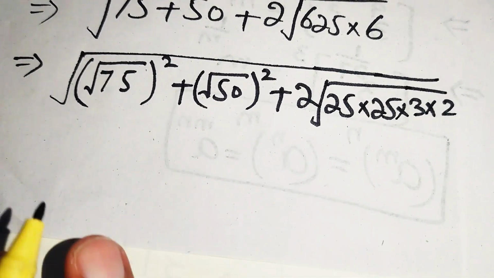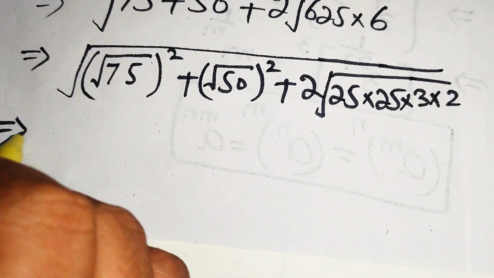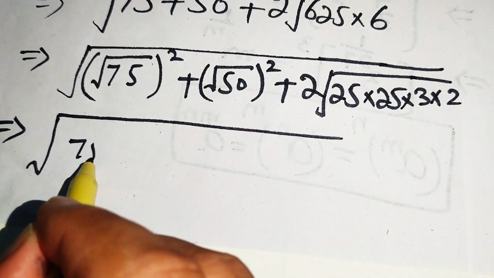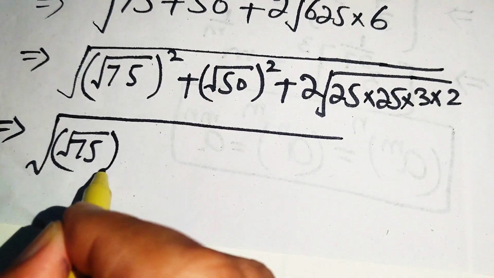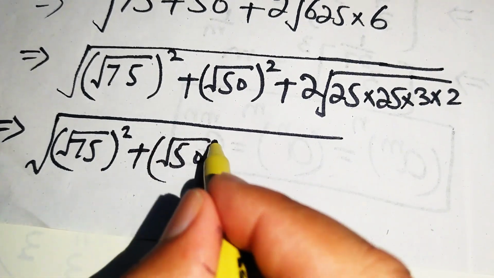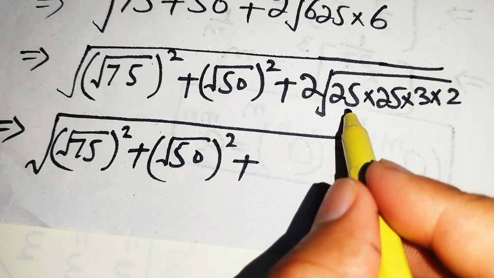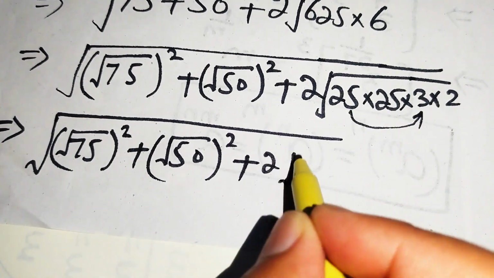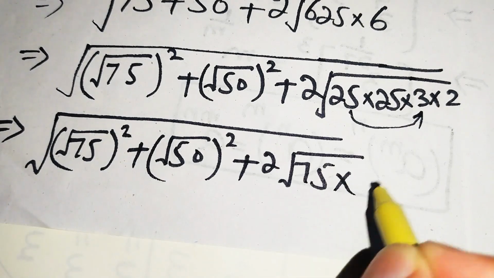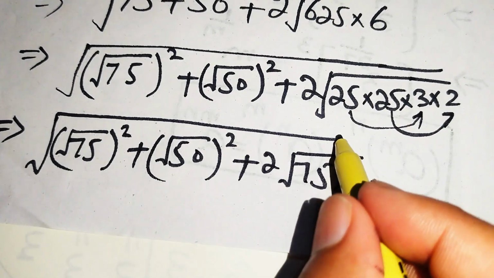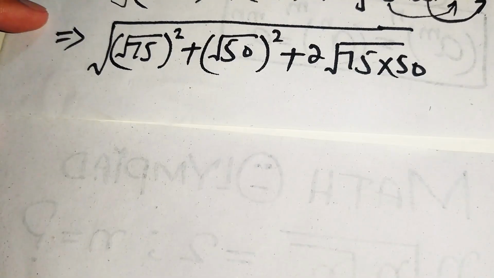Here we need more simplification, and we write this expression as the square root of 75 squared plus the square root of 50 squared, plus, where we multiply this 25 by 3 and get 75, and we multiply this 25 by 2 and get 50.